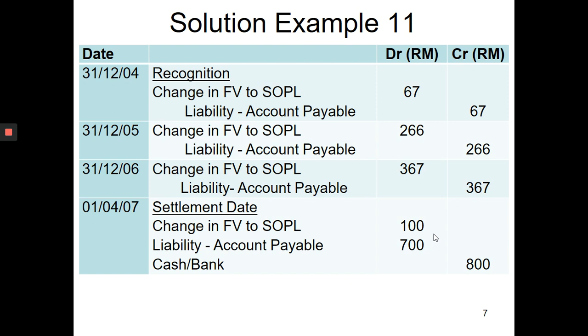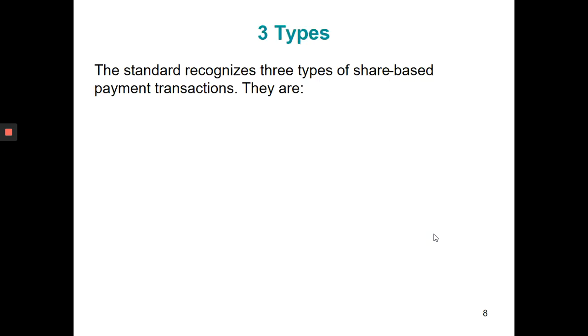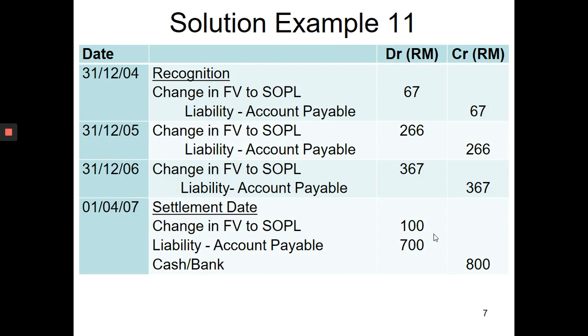Kalau cash settle to third party transaction yang tak melibatkan employees, macam you beli barang ataupun pay for service, dia tak adalah sampai tahun. Maknanya awal tahun you enter into the transaction and then sekali you pun bayar. So dia tak adalah banyak sangat perubahan share price. Okay, so you can see the journal entry here. Okay, so that is how you have cash settle for your employees.